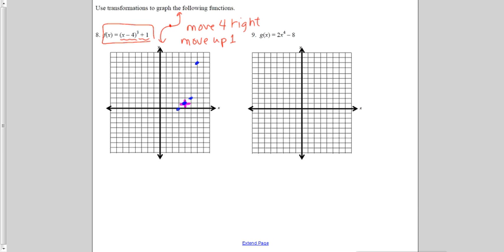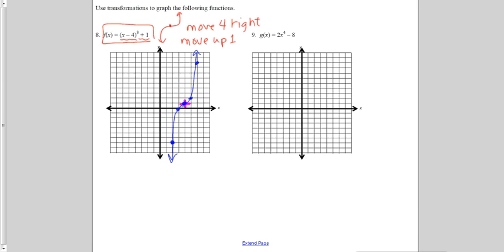Or I can go 2 to the left, down 8. And that's my basic shape. Sorry, I counted wrong when I plotted, so I just moved that one down a spot. I counted 8 wrong. All right, so I want you to pause the video while you do 9, 10, and 11.